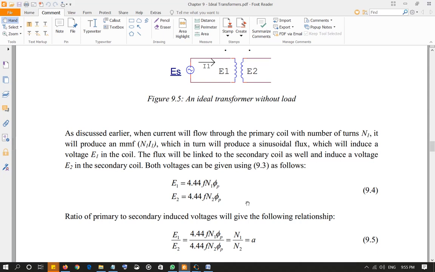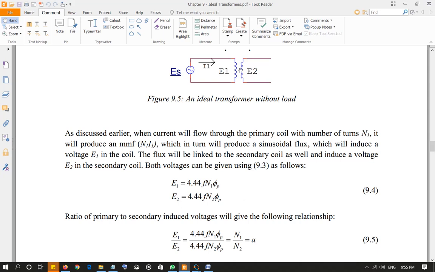And these two magnetomotive forces are equal because the same flux is linked with both primary and the secondary sides. So the voltage induced in the primary side, the RMS value of that voltage, can be calculated as 4.44 f, number of turns on the primary side, and the flux that is linked with the primary side, which we're calling phi p.